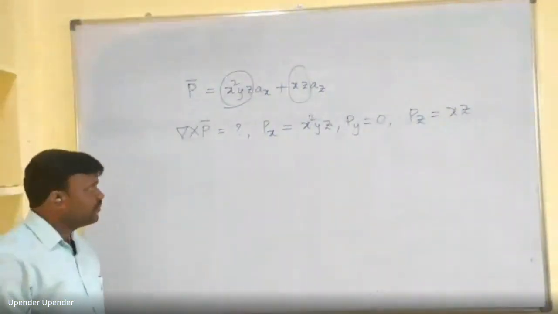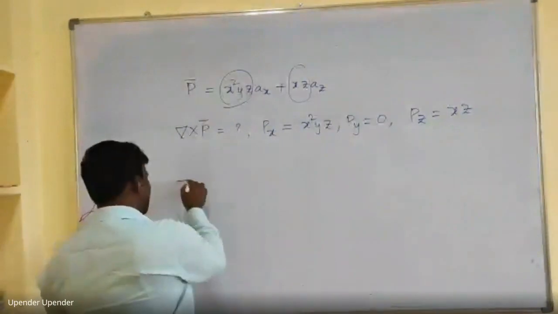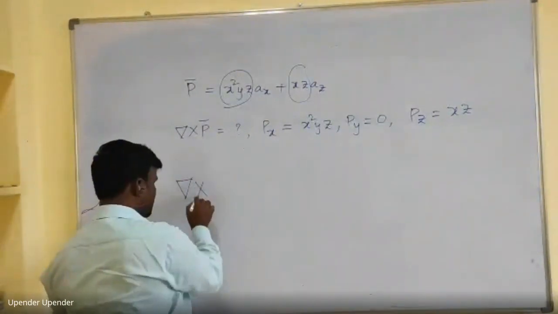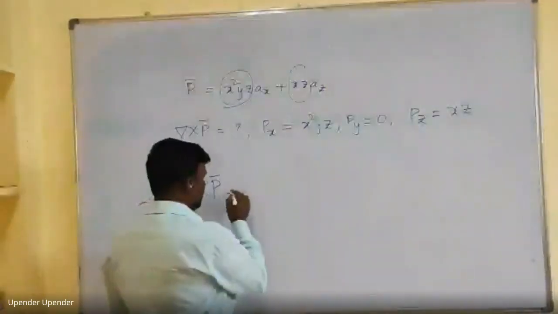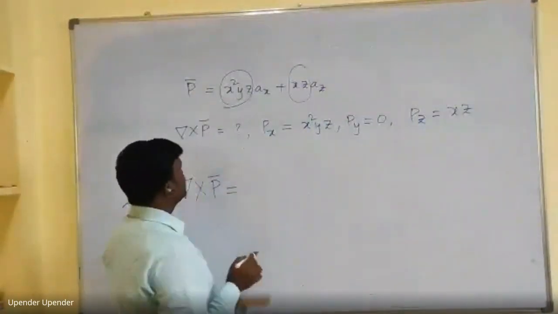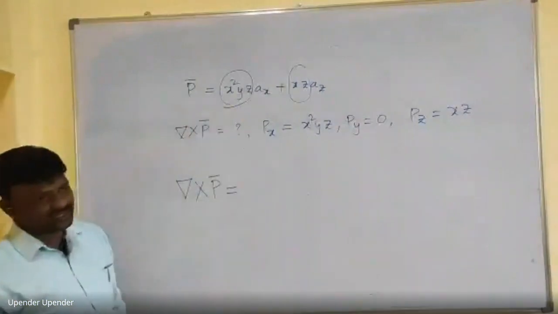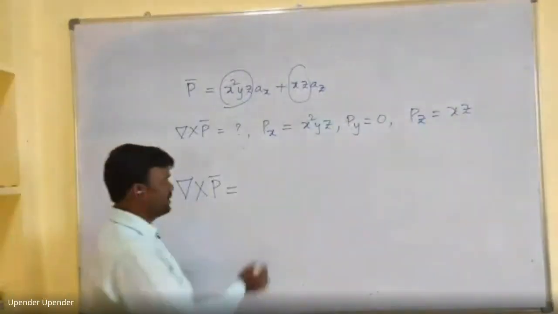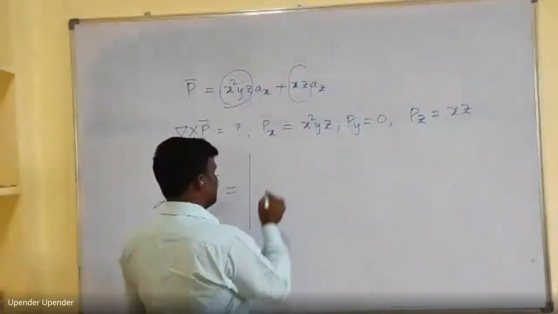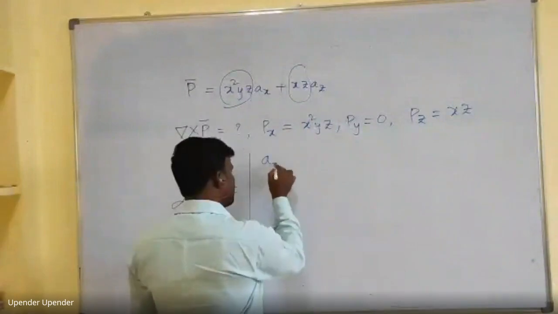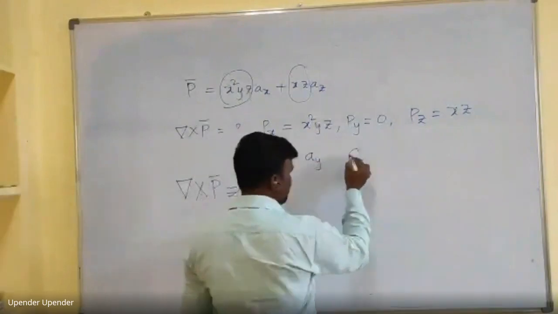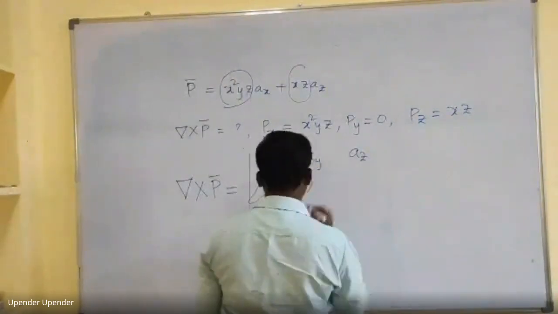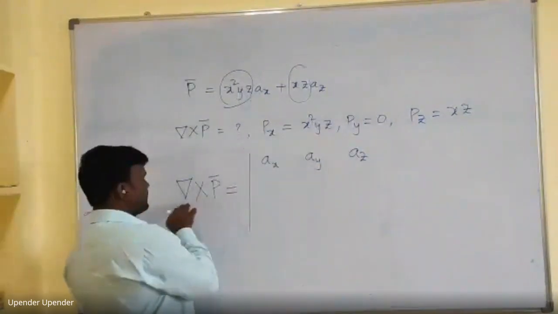Now we need to write the formula. Of course, we discussed this curl formula in the previous class. That is del cross P in Cartesian coordinate system. P is in x, y, z, means it is in Cartesian coordinate system. Unit vector along x direction ax, unit vector along y direction ay, unit vector along z direction az. Next, write the vector components.